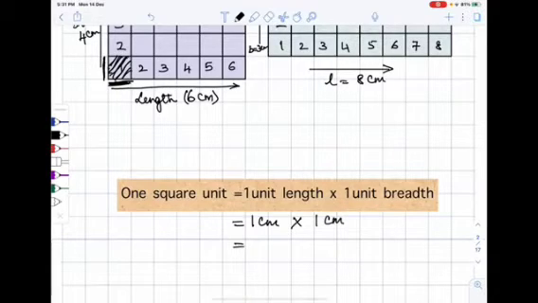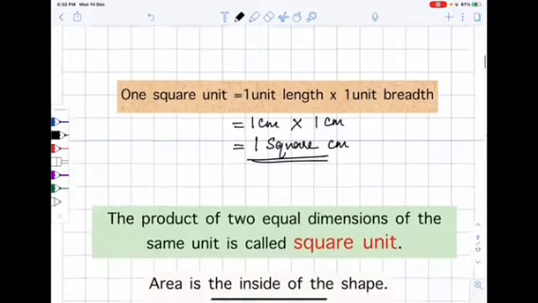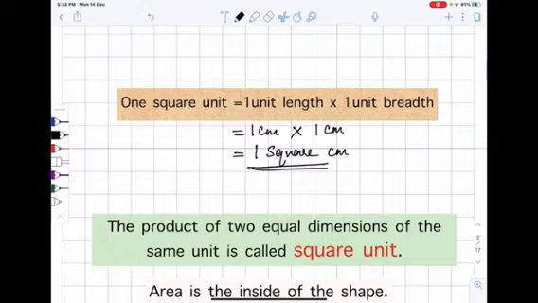So this is equal to 1 square centimeter. Now this actually defines what is a square unit. The product of two equal dimensions of the same unit is called the square unit.